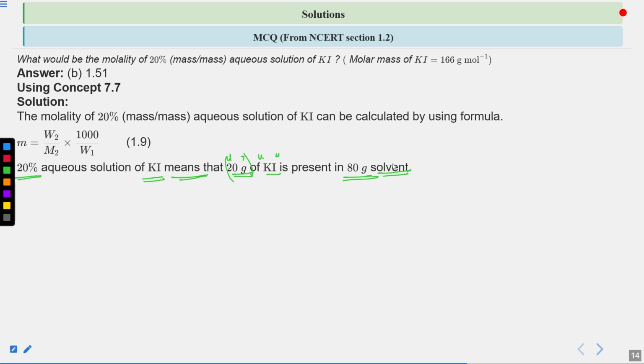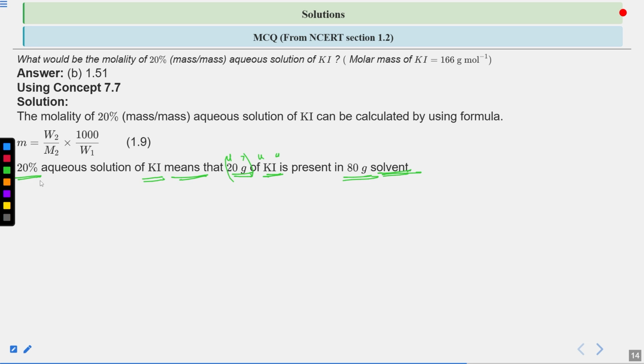Consider the solvent. The total mass of the solution is 100 grams, in which we have 20 grams of potassium iodide and 80 grams of the solvent. This is the definition, or the way to define a 20% mass by mass aqueous solution of any compound.